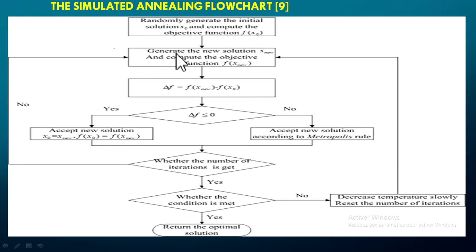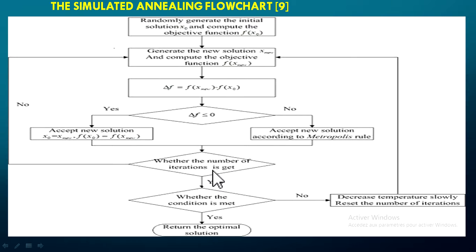Secondly, we generate the new solution x_new and compute f(x_new). We compare f(x_new) and f(x0), which gives delta f. If delta f is less than or equal to 0, we accept the new solution. If not, we accept the new solution according to the Metropolis rule.